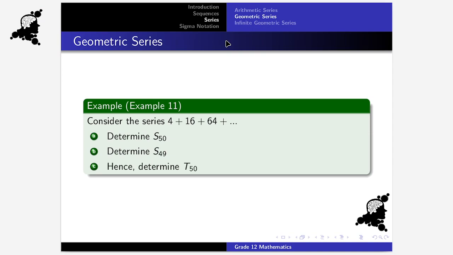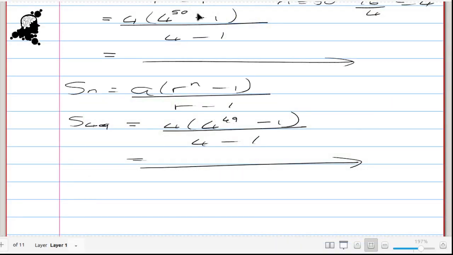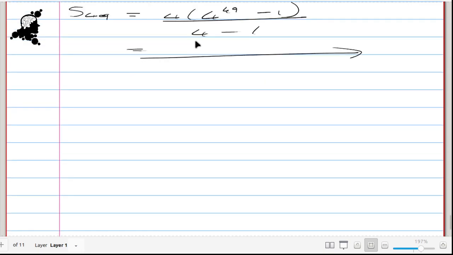Next question says, hence, determine term 50. Hence meaning use the calculations from the previous question to answer this question. All right, let's have a look at it. Notice that the questions we've been working with so far have only involved S, so Sn, S50.